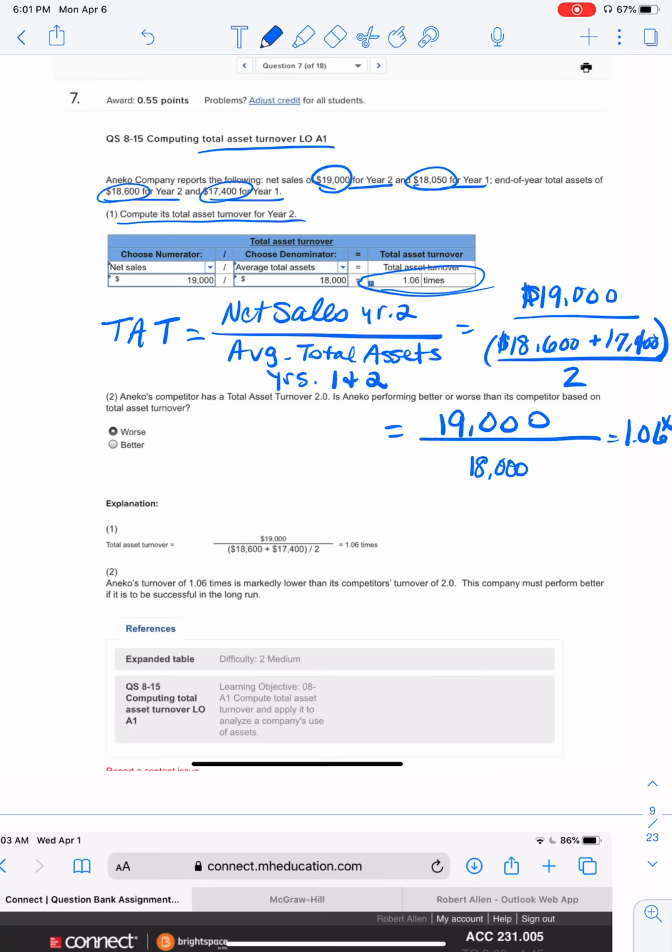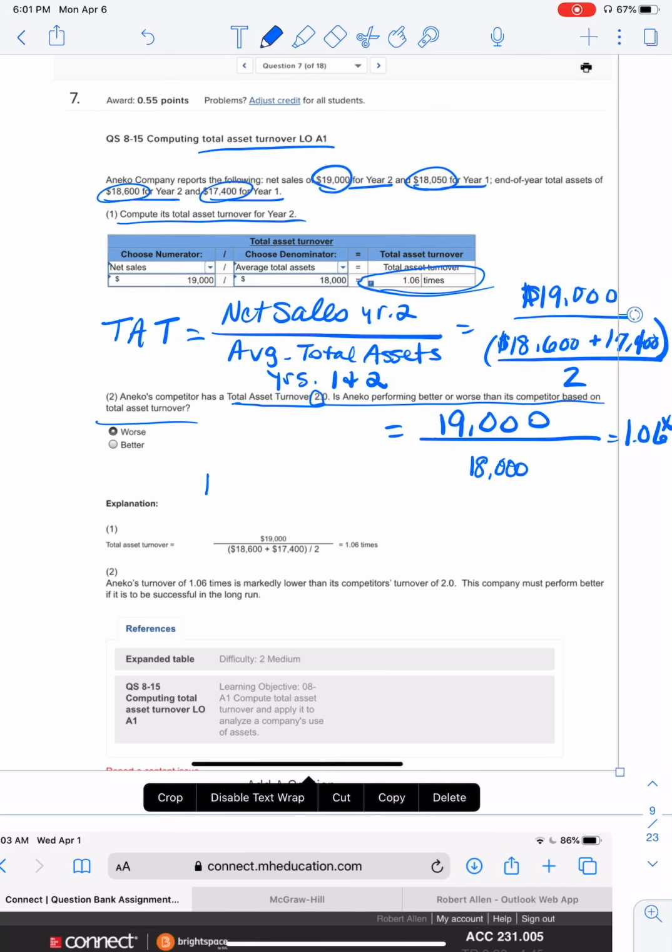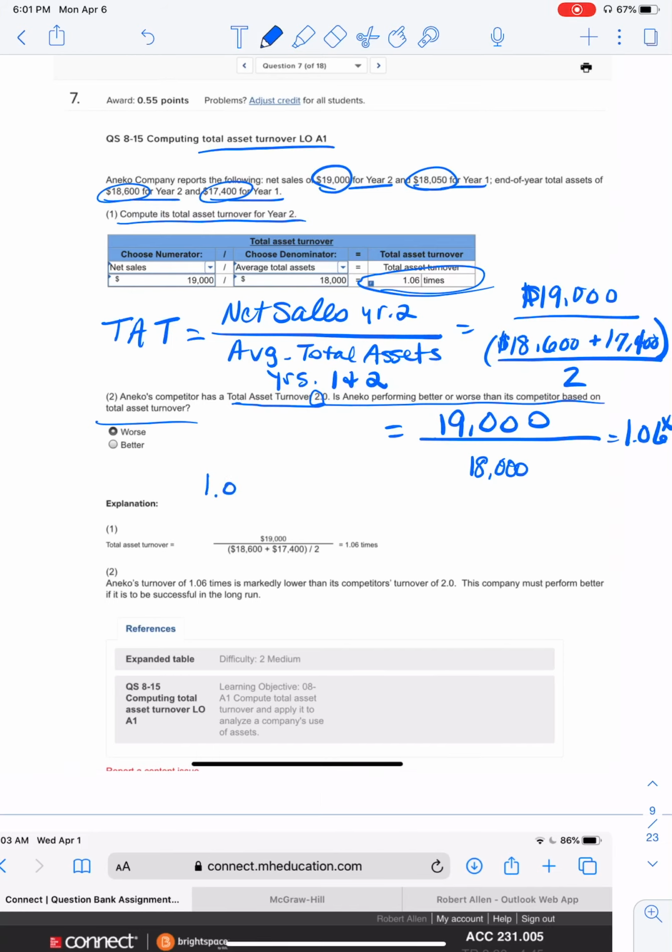Now the question tells us an Eco competitor has a total asset turnover of 2.0. Is Eco better or worse based on this? Well, if we are performing at a total asset turnover of only 1.06, and that is indeed less than 2, we are worse than our competitor.